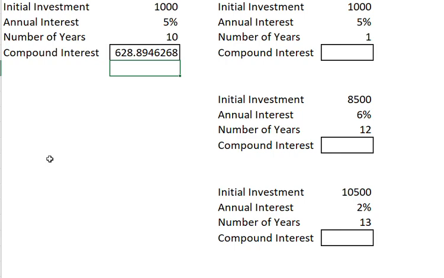So if a person is investing 1000 for a period of 10 years with annual interest of 5% compounded, he will be getting the total compound interest of 628.894628.